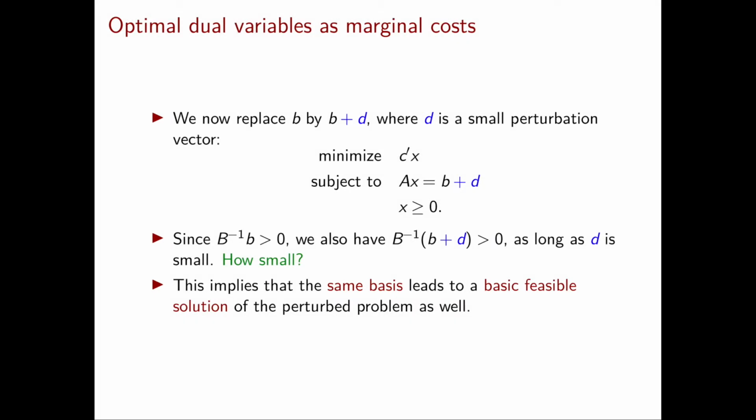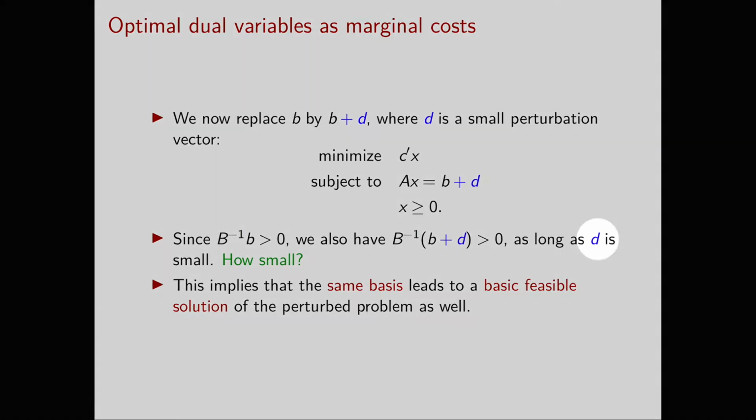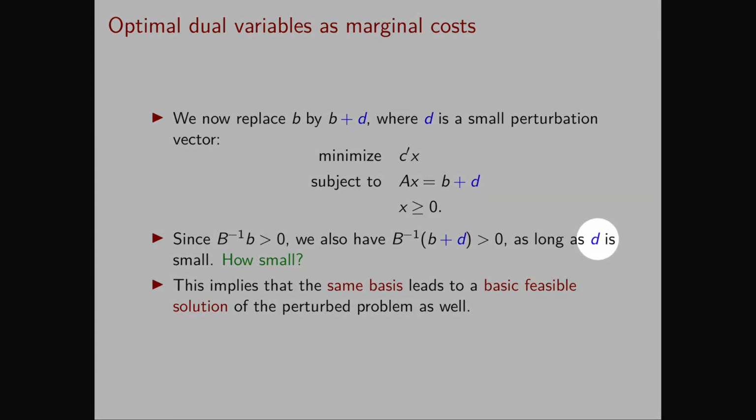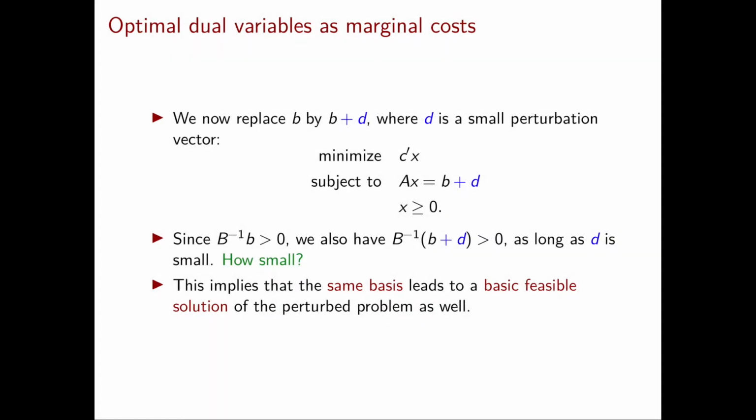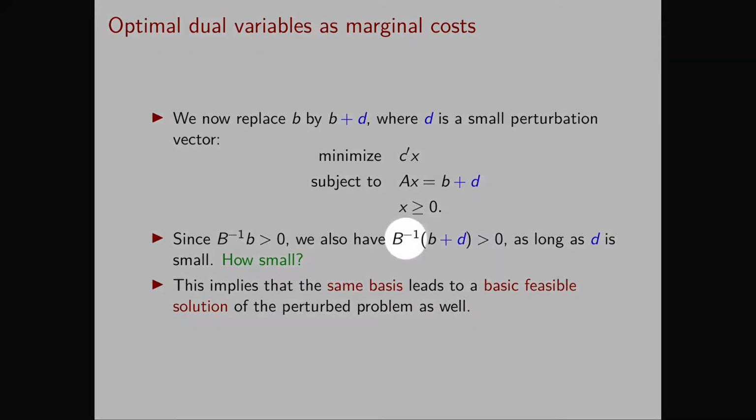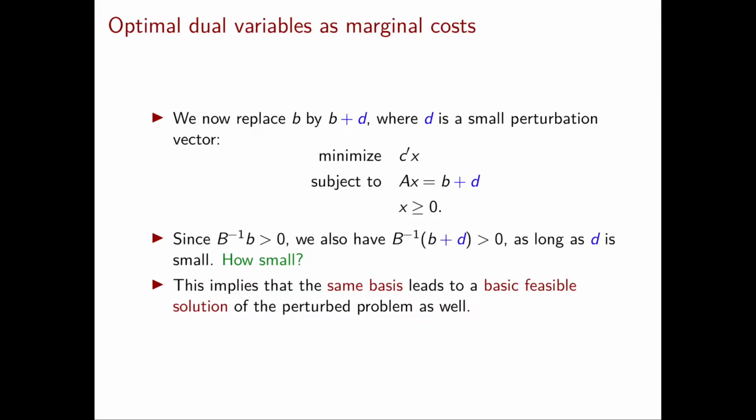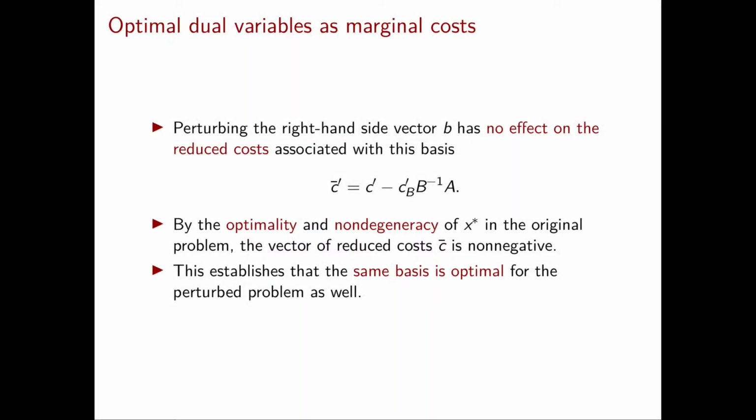Intuitively, this is clear. However, I leave as an exercise for you to figure out exactly how large d can be at most in order for this statement to hold. So if d is sufficiently small, then our basis matrix B leads to a basic feasible solution in the perturbed problem as well. Next, we want to show that this basis is also still optimal for the perturbed problem.